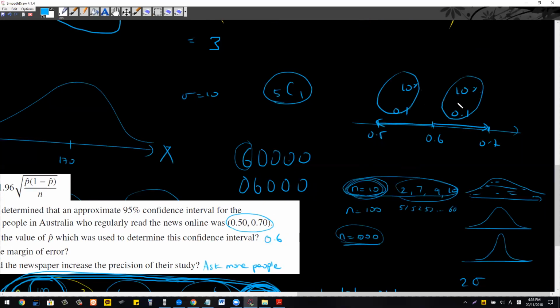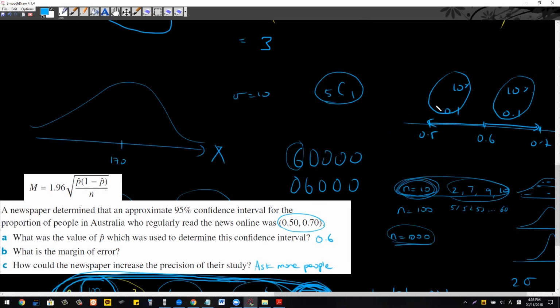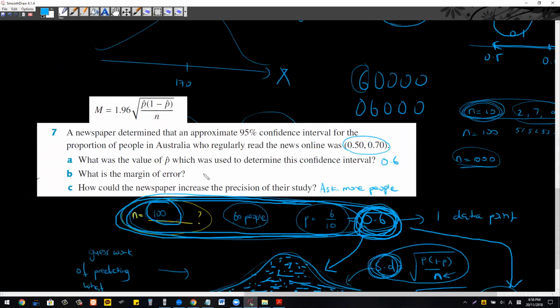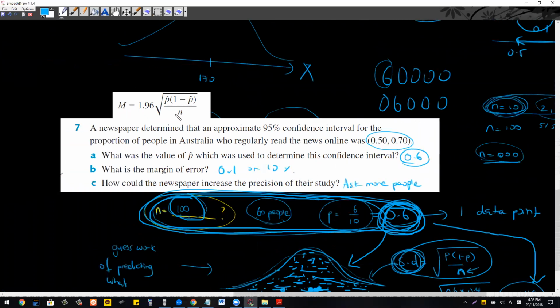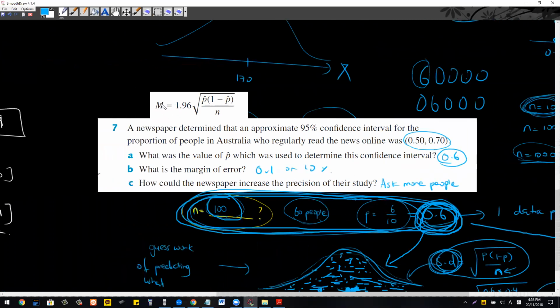That's the margin of error. So the margin of error must be 0.1 because the 0.6 is in the middle, see? And the distance between this and this is 0.1 or 10%, true? Now, using the margin of error, we can figure out the n, true?